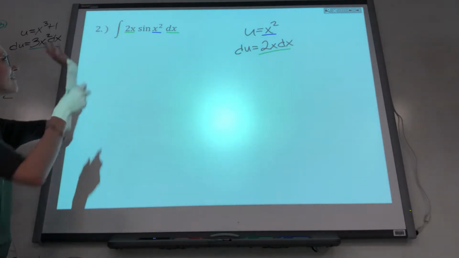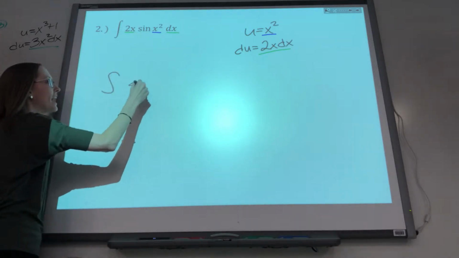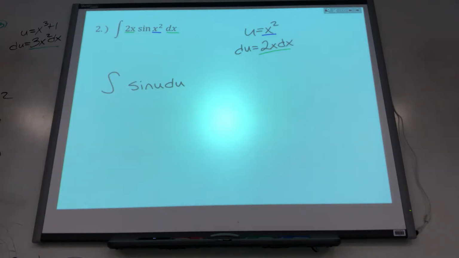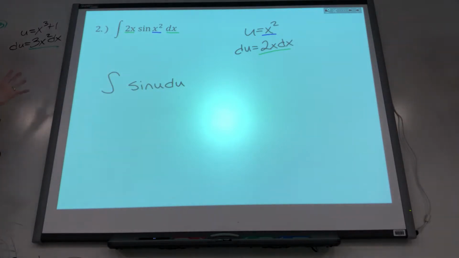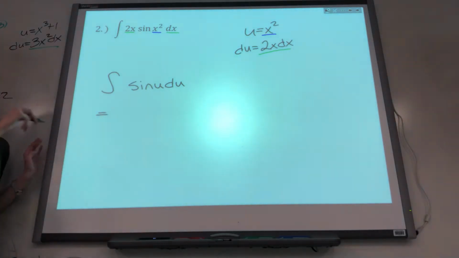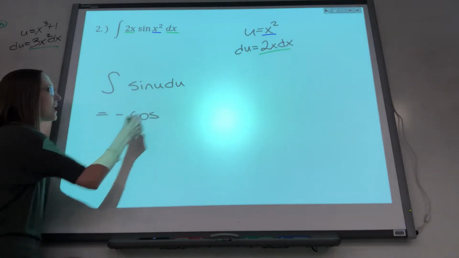Okay, we already have everything for du, so I'm going to go ahead and rewrite this. It's just going to be sine of u du. You didn't have to balance it out with anything because you already had everything that you needed. So, what was the integral of sine? Negative cosine.